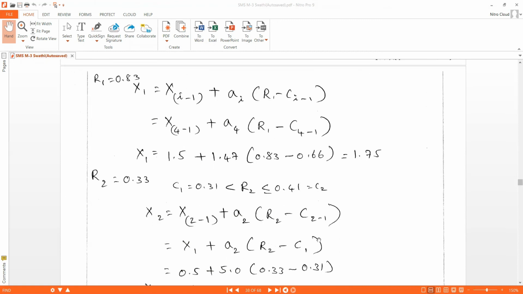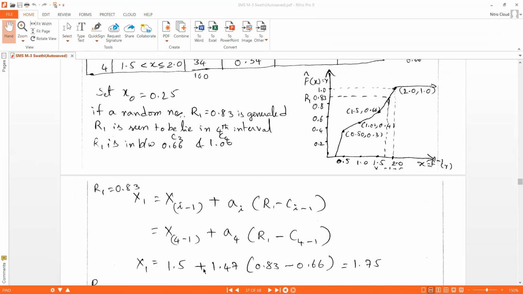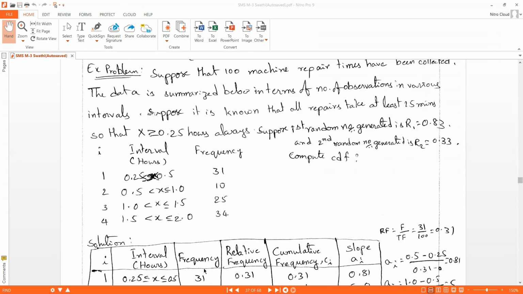So we'll substitute 0.31 here. If we calculate this, we will get x2 is equal to 0.6. Like this we need to compute the CDF when they give R1 and R2. They will give us the random number and ask us to compute the CDF.